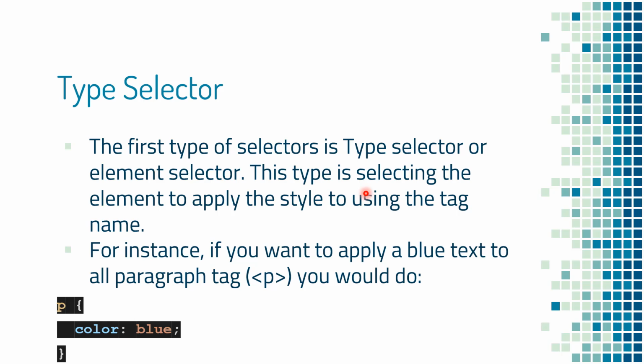So the first type of the selectors is the type selector, or tag selector, or element selector. The way it works, we're selecting based on HTML tags. So if we wanted to apply the style to a paragraph, then we should use the tag name paragraph.